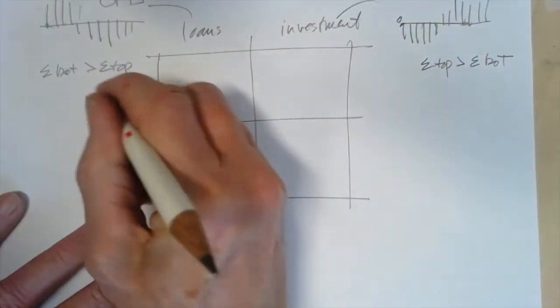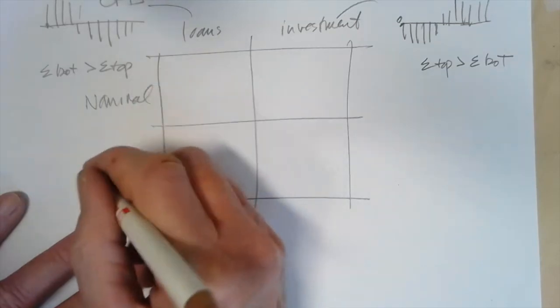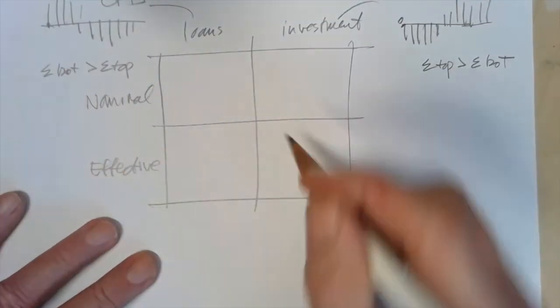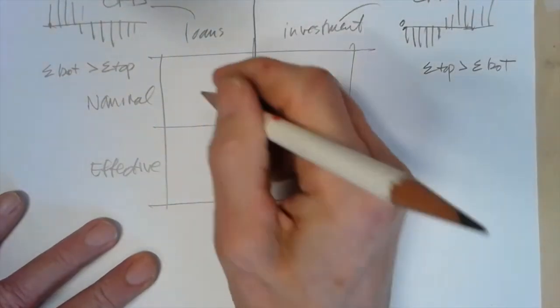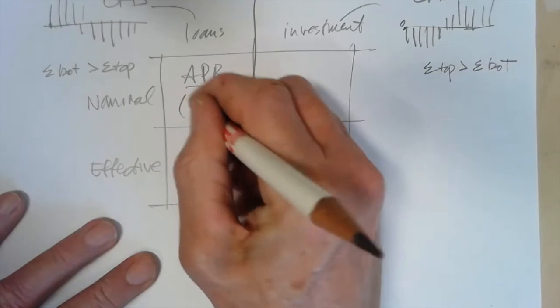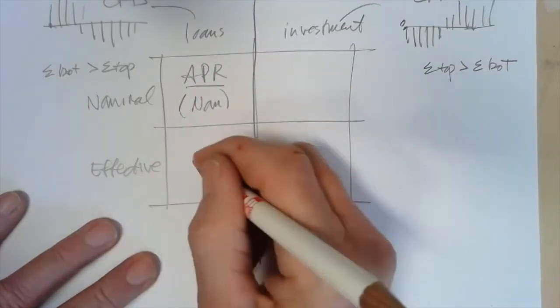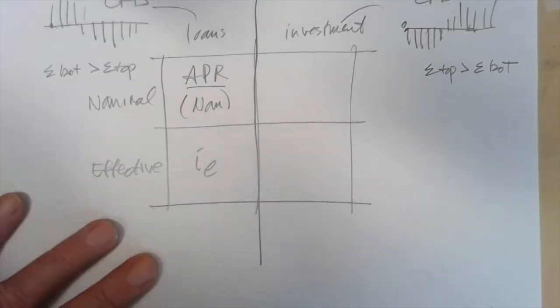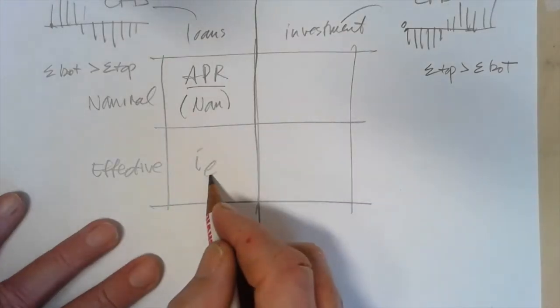Now let's take a look at the interest rates. For a loan, the nominal is called APR, annual percentage rate. This is nominal. The effective rate, well, is called the effective rate. And I think the government has some truth in lending requirement that institutions tell you what the effective rate is.